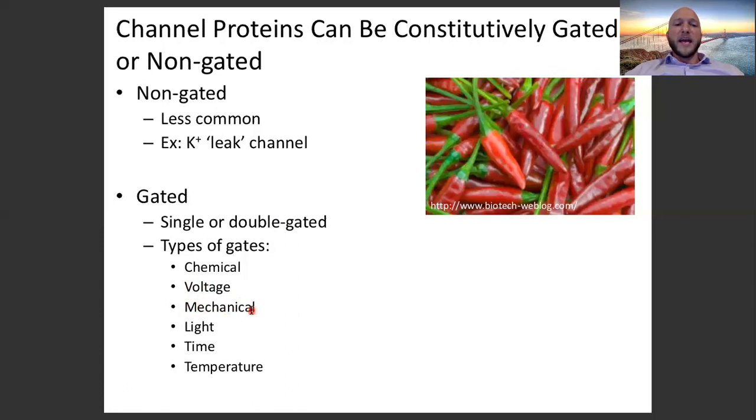So mechanical stimuli can open up channels. Light. Where might we find channels that are opened or closed by a light stimulus? Your eyes. So some channels are opened or closed by light. Some channels open or close based on time, and some open or close based on temperature, temperature receptors.